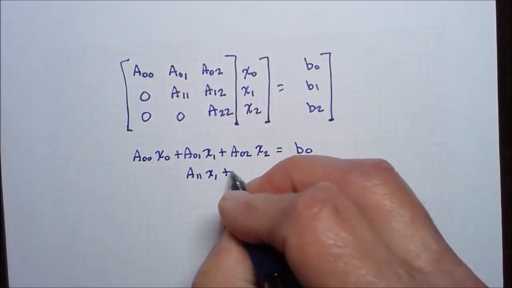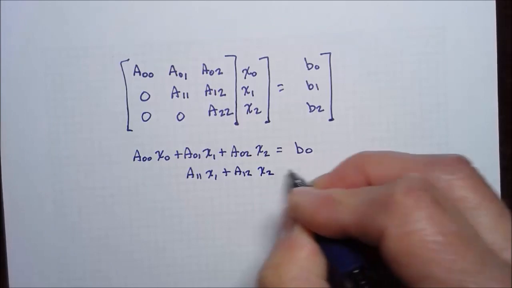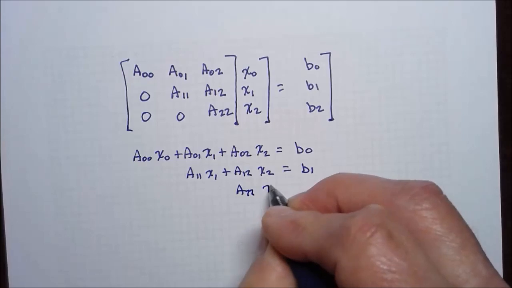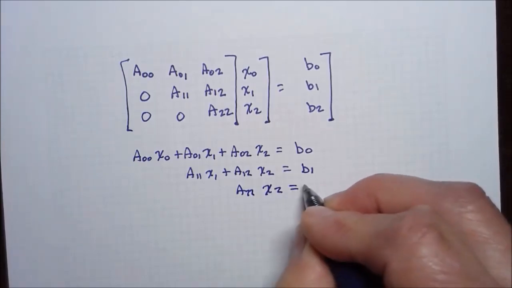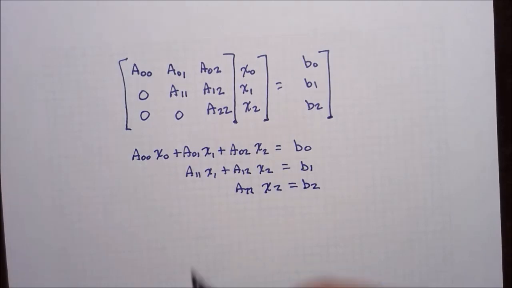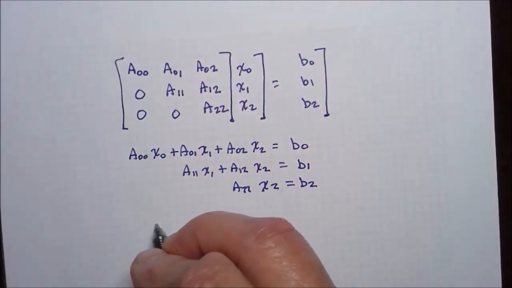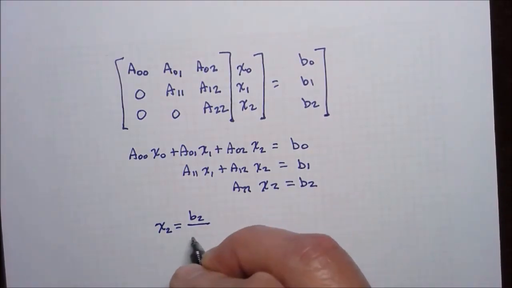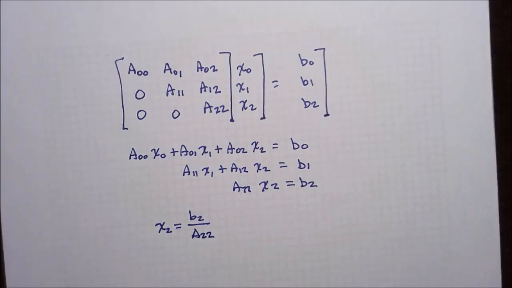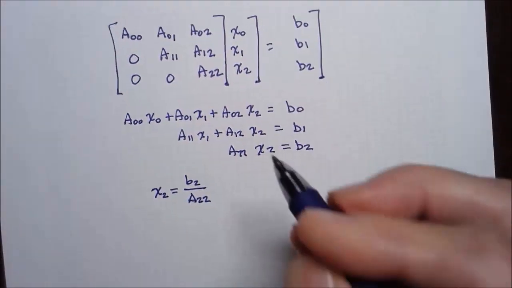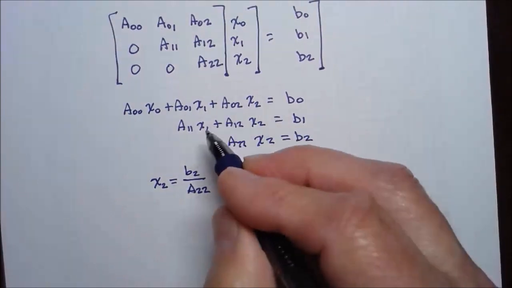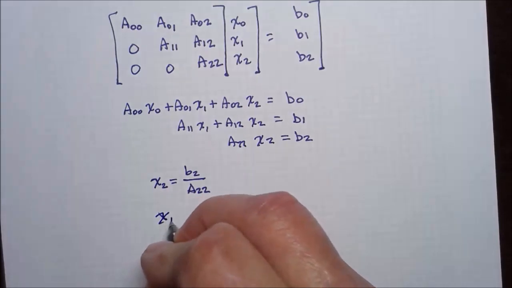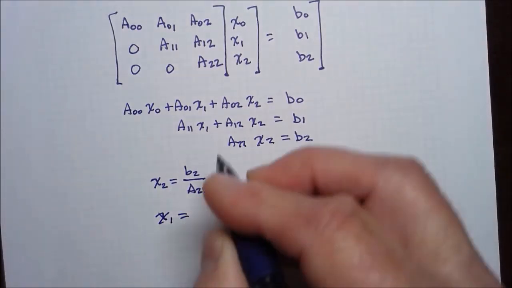A11 x1 plus A12 x2 is equal to B1, and then finally A22 times x2 is equal to B2. And we can write the solution, x2 is equal to B2 divided by A22.